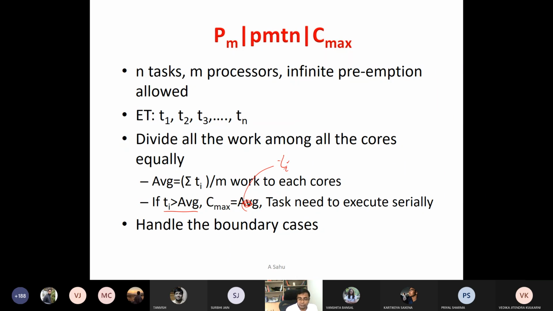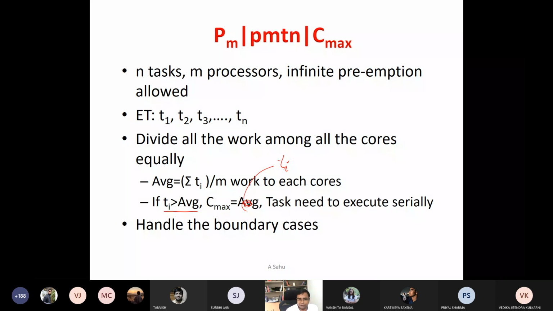What do you need to do? For any task, one more thing we need to look at is whichever is maximum. Take the maximum Ti and compare it with the average. If the maximum of all the Ti is greater than average, then you need to handle it, and do it recursively.